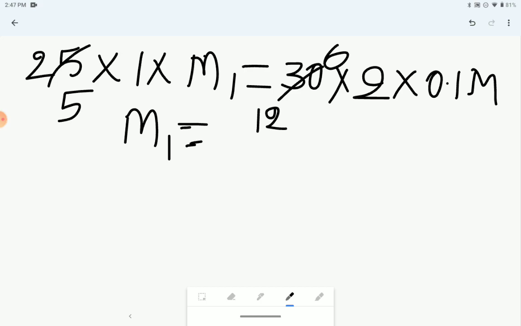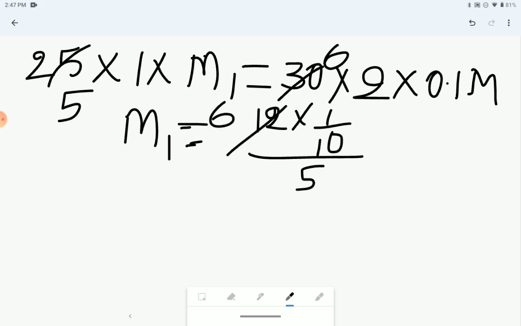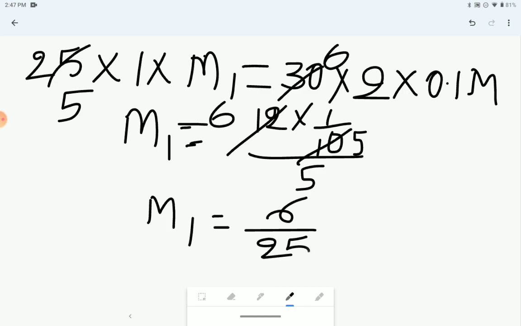So it becomes 6 by 25. Yes, this comes out to be 6 by 25. So the molarity of the first solution, the given HCl solution, is 6 by 25.